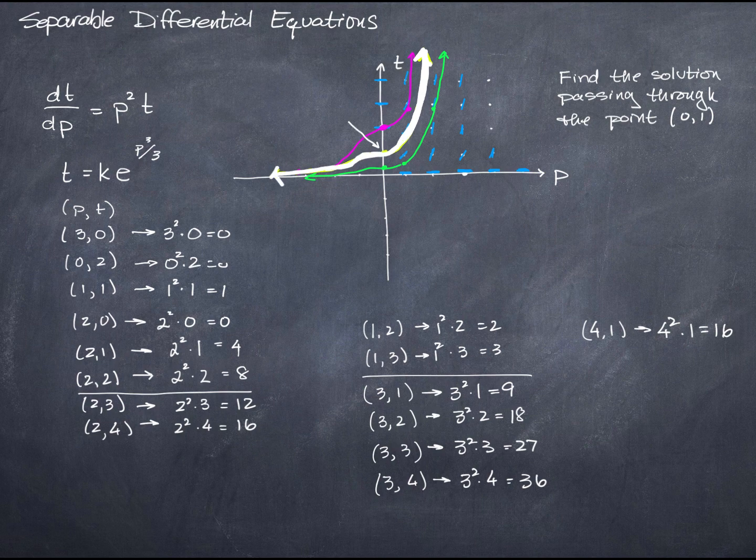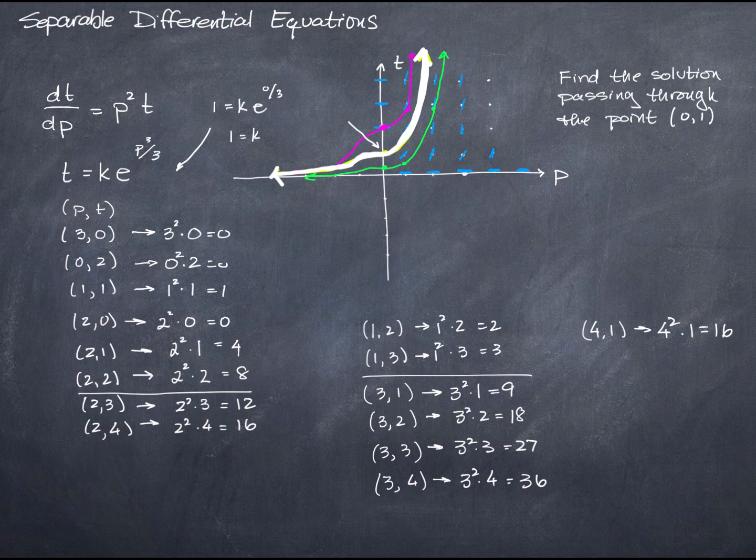If I haven't graphed it already, then I can do that just by plugging that point in here. The point 0, 1 tells me that t equals 1 when p equals 0. So I get 1 equals k.